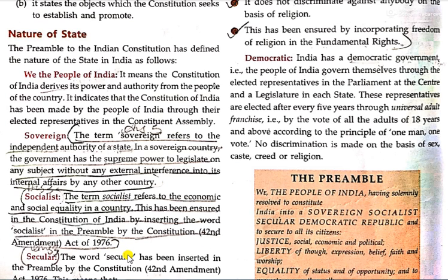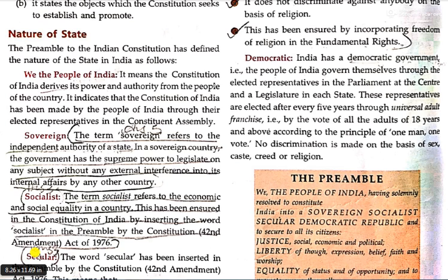So the Constitution Act of 1976 is also known as the 42nd Amendment. Now this amendment is one of the most important amendments of our Constitution. Now the word amendment means it is a process of change that takes place in the Constitution. If any change has to be brought in the Constitution, then it has to follow this amendment process.